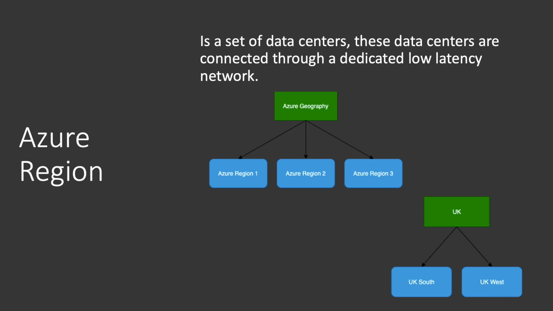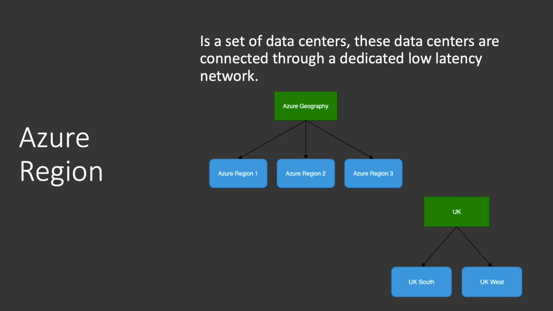We can utilize cross-region resiliency to make our application resilient to being down, and for us to provide the best services. As we said before, geographies are countries or continents, and within those countries we have different regions. So let's take a look at this example.